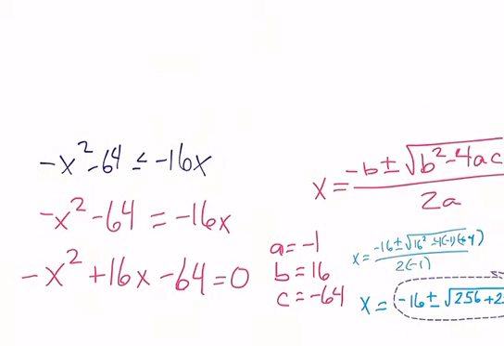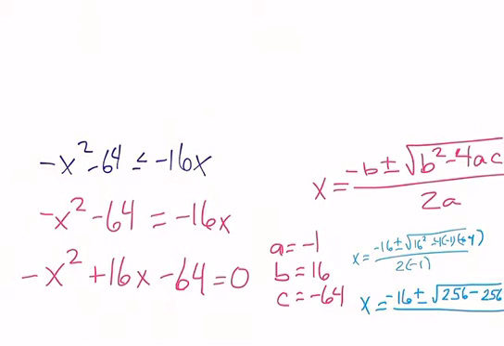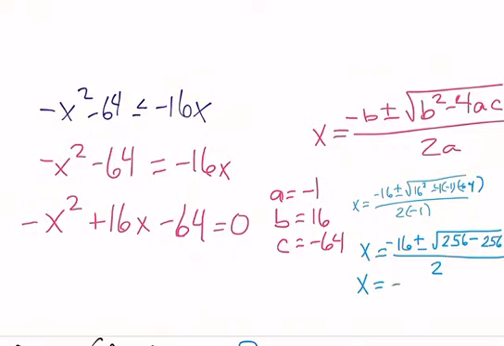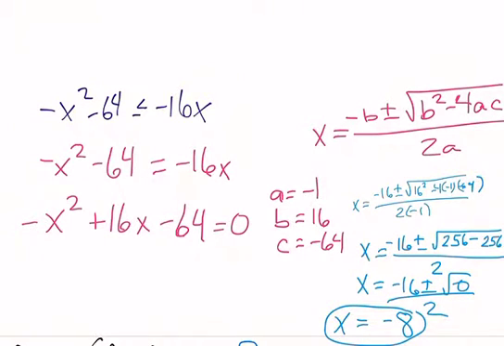But it turns out that it should be a negative 256. Now on this particular problem, I end up with negative 16 plus or minus the square root of 0 over 2, which means x is going to be a negative 8. That's where it equals. That's where that point would be on the x-axis.